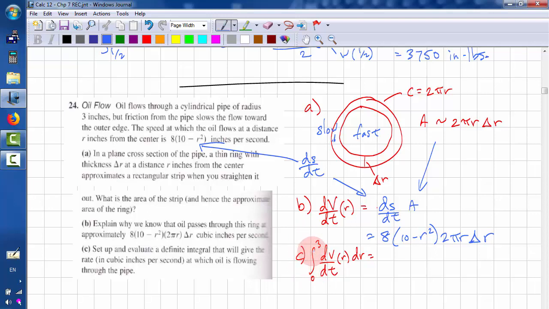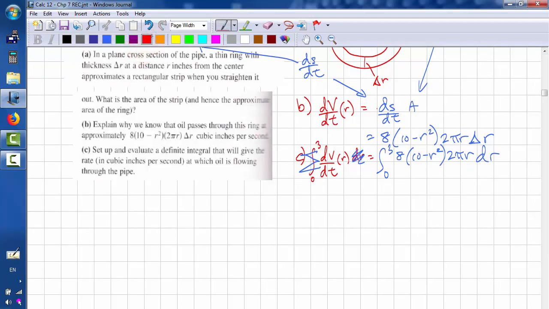We're integrating a Riemann sum, dV/dt of r dr. And when we change that to an integral, 0 to 3, this delta r becomes dr. So we have 8 times 10 minus r squared times 2 pi r dr.